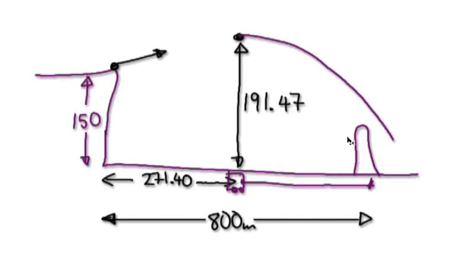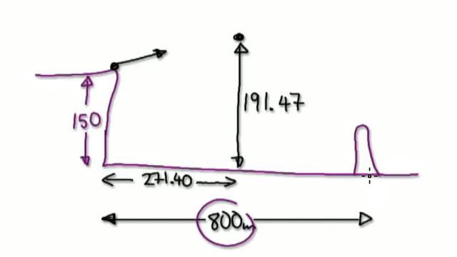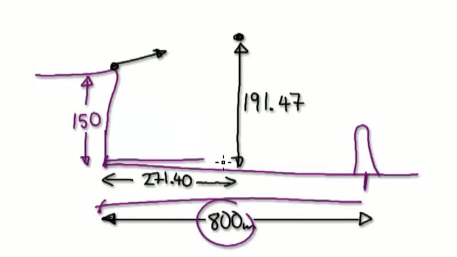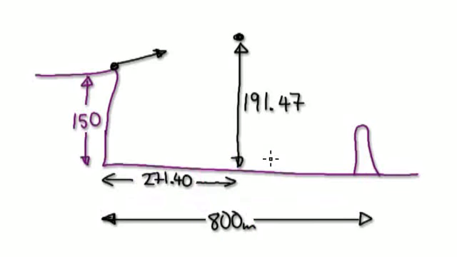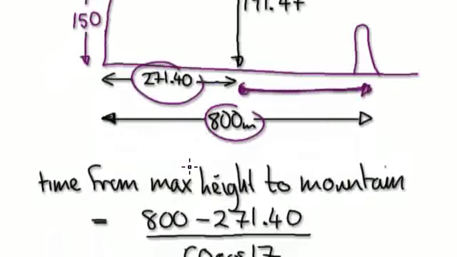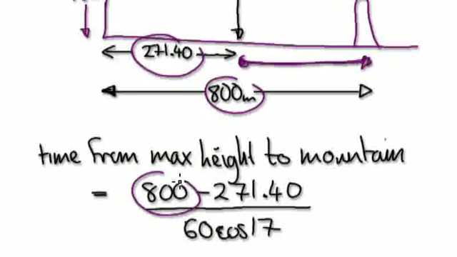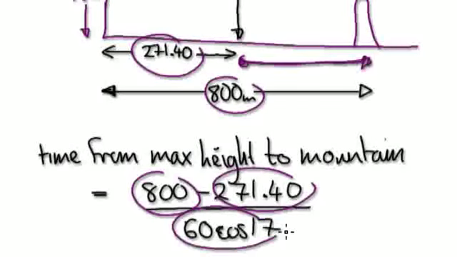So if the hill here is 800 meters away, and from here to here it's 200, and so on. By the way, the diagram's not to scale. We now want to know the time it takes to get from here to here. So get this, take away this, that will give us the distance, and then divide it by the speed.